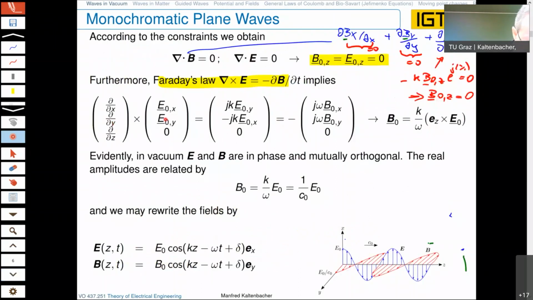But it is here this term minus this term. Therefore, we have plus jk E0y, the y component.